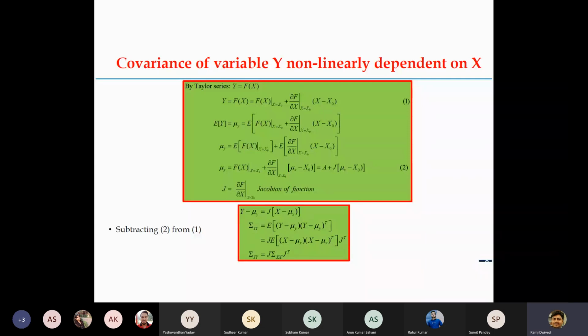So suppose you have 3 variables, you will write del f by del x1 at x is equal to x naught times (x1 minus x1 naught), plus del f by del x2 at x is equal to x naught times (x2 minus x2 naught), plus del f by del x3 at x is equal to x naught times (x3 minus x3 naught). So that's how you arrange the different components if it is n variables.